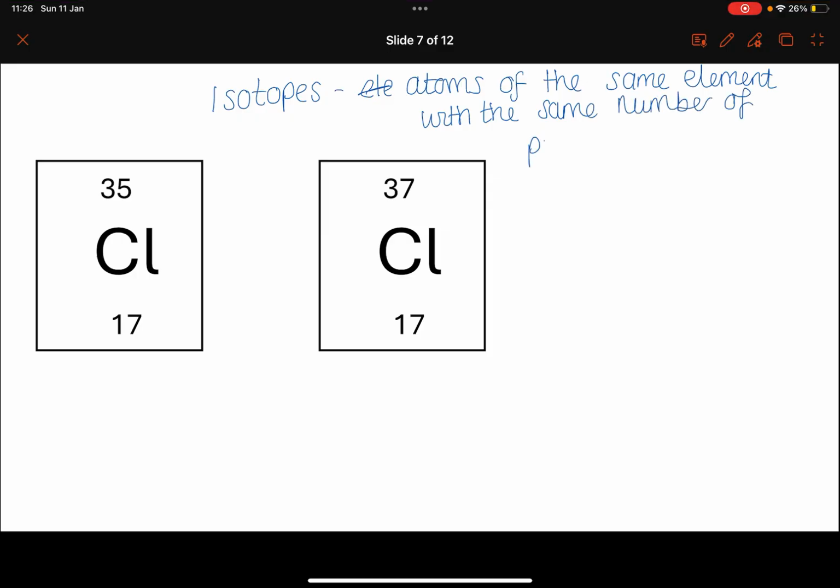Same number of protons, different number of neutrons. And again, I did say that already, but the electrons are also the same.